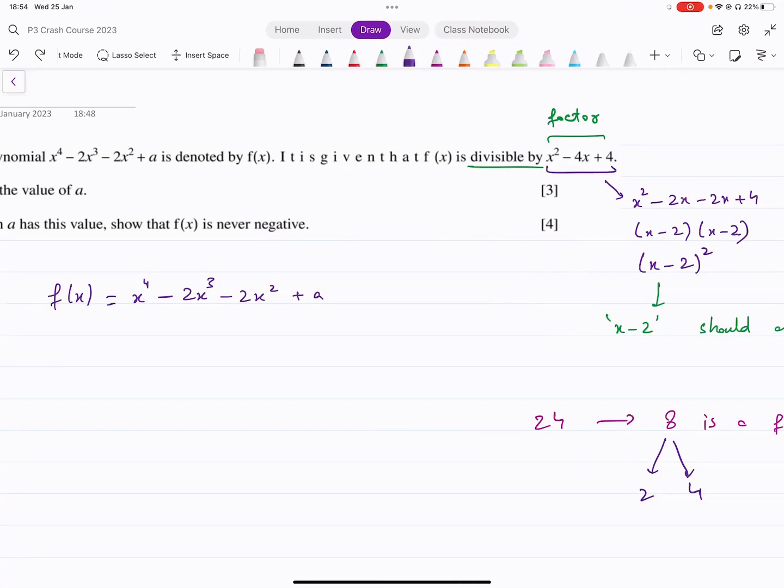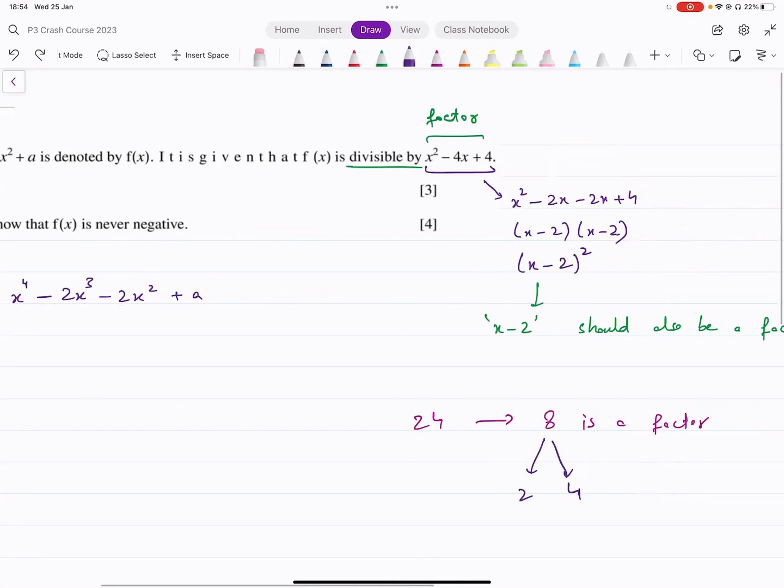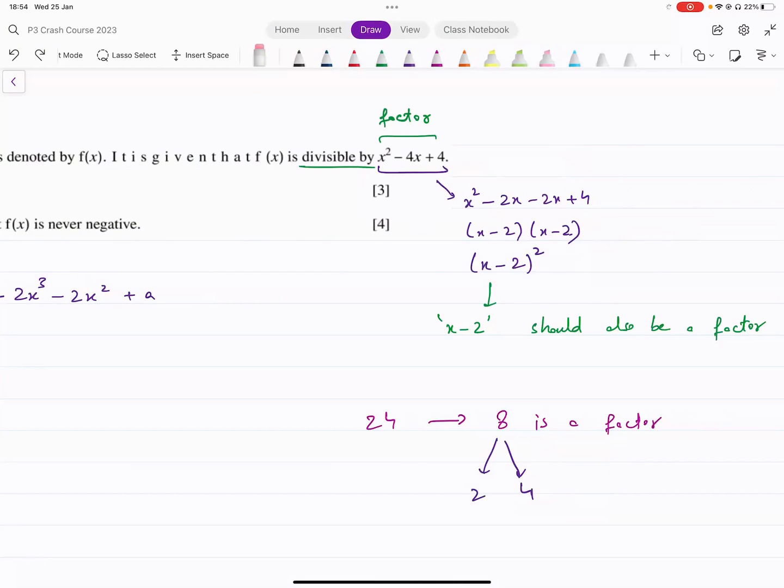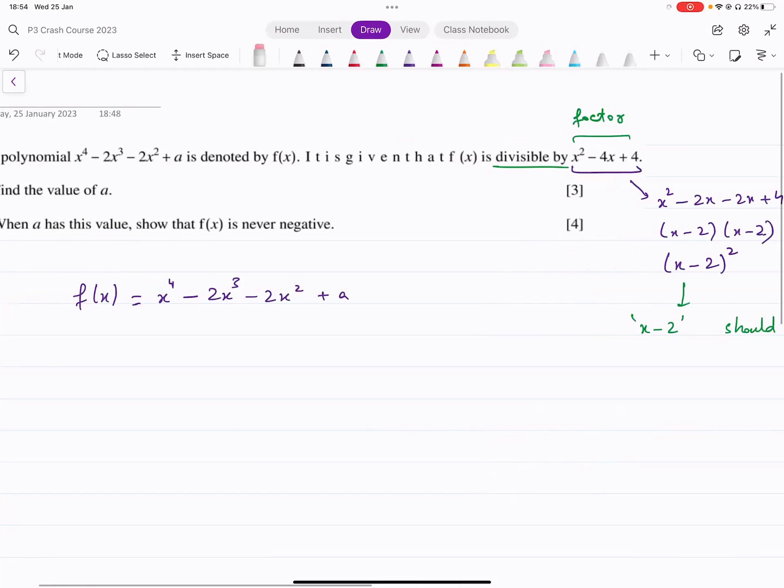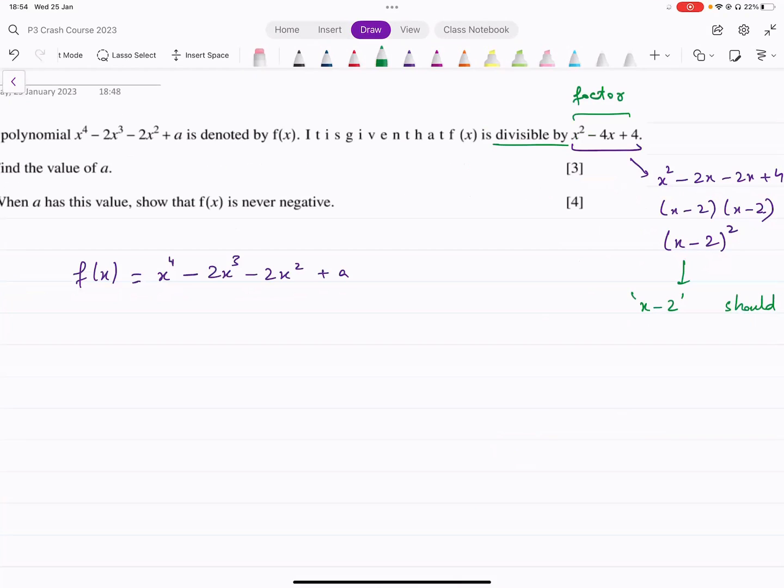So in this particular question, we could actually find linear factor x minus 2. Now, once we know that, we know that we can use the remainder theorem here as well. So x minus 2 is a factor. We know that. So what value of x do we input here? We put this equal to 0, x minus 2 equals 0. We get value of x equals 2.